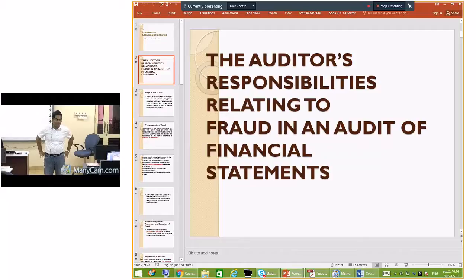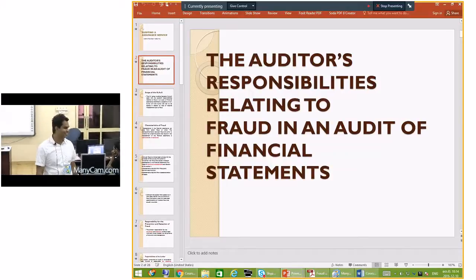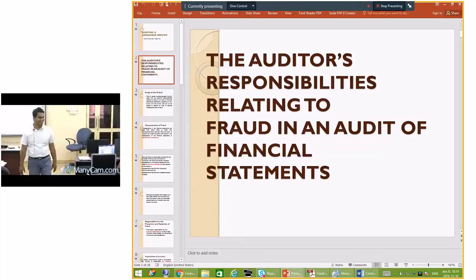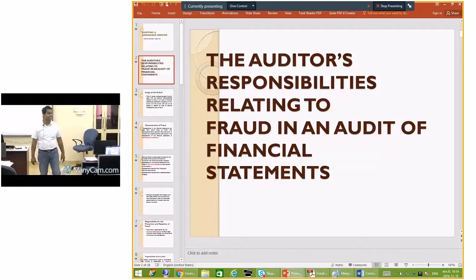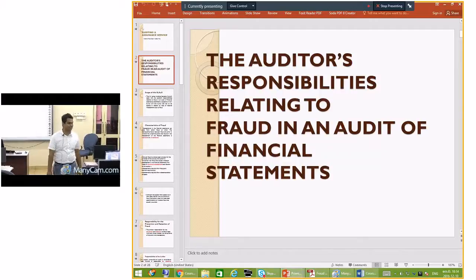So then, what is a fraud? What do you mean by a fraud? Not a comprehensive definition, but understanding what a fraud is. Intentional. Misrepresentation.